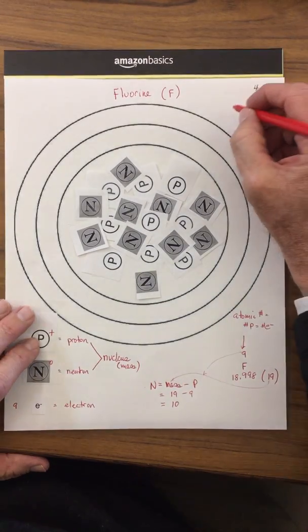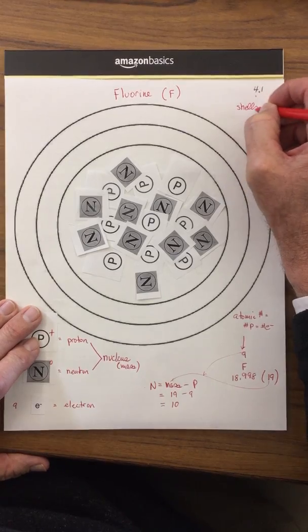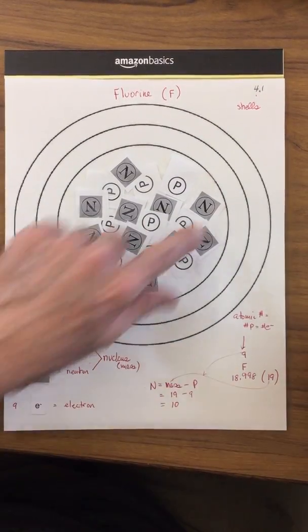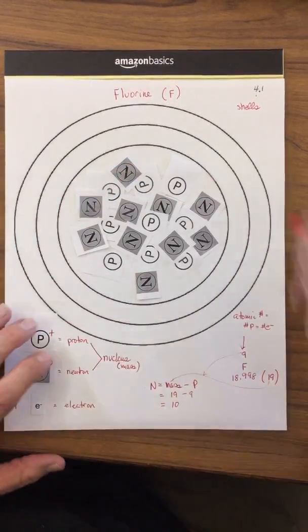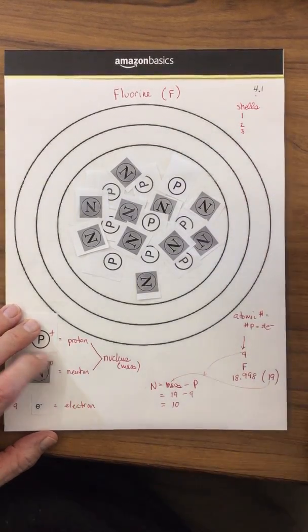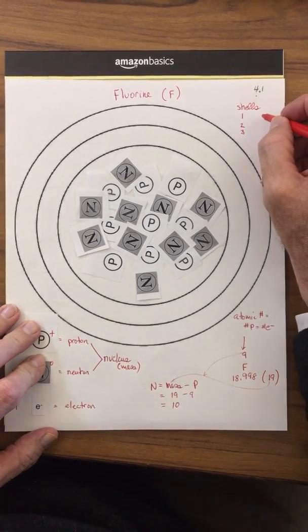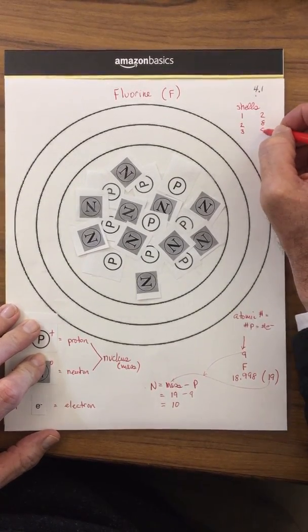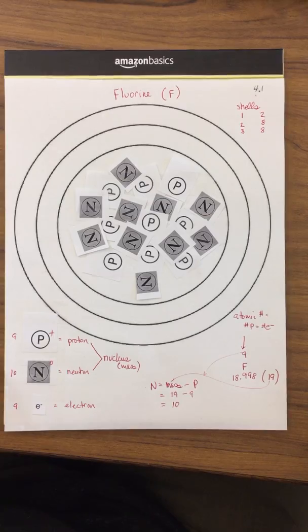The magic number for the electron shells, here are our shells. We have 3 shells. Here's our first, here's our second, and here's our third. So we have the shells of 1, 2, and 3. And the magic numbers that are going to fill those are 2, 8, and 8. That's taken from lecture.